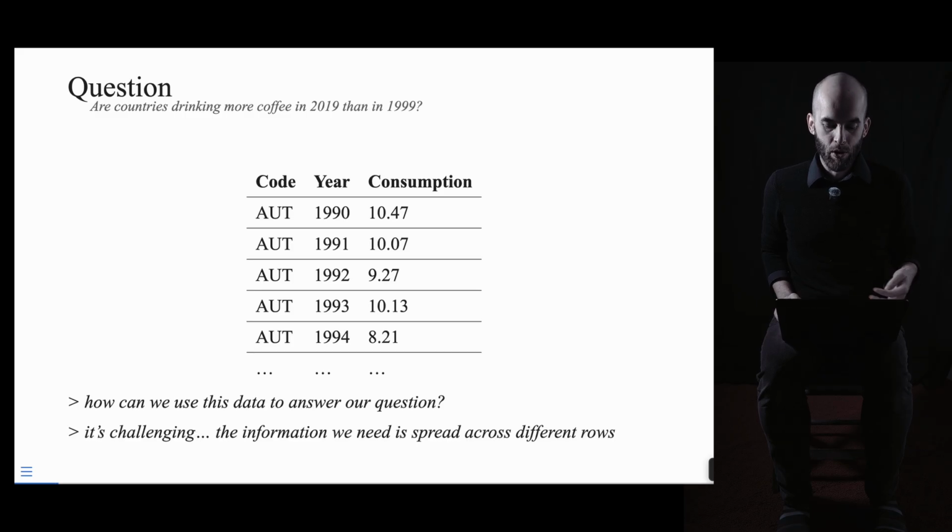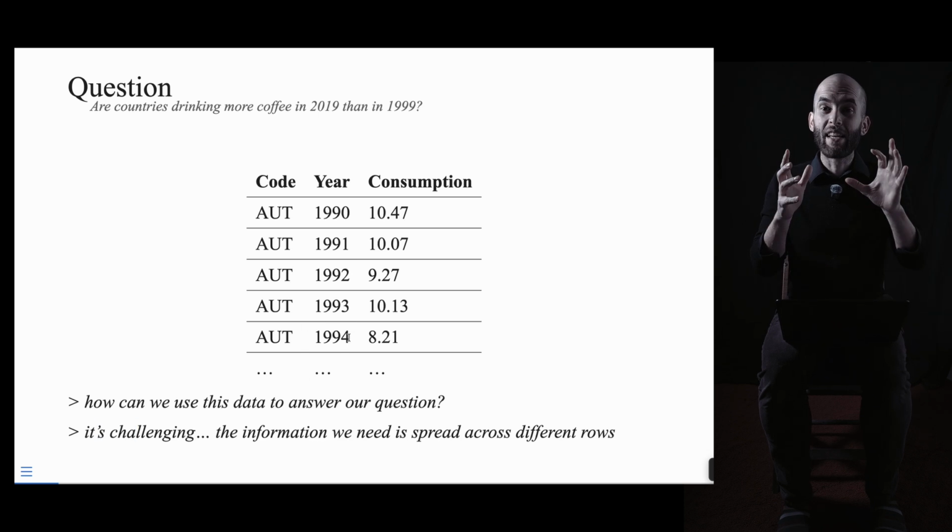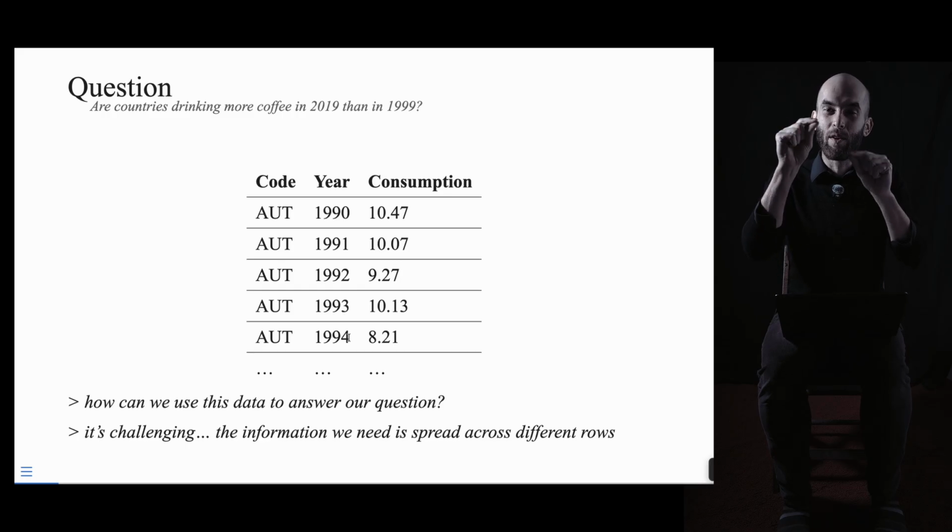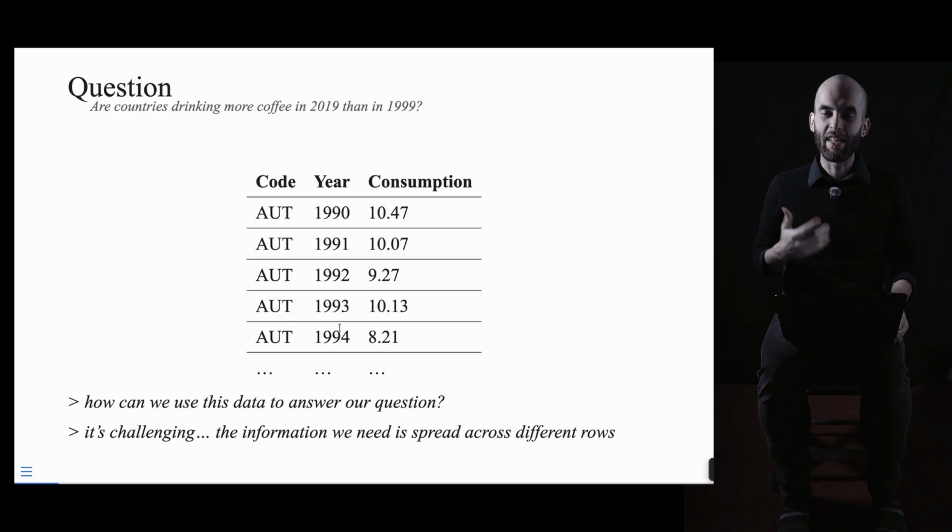So maybe a first approach is to think about what we would have to do to answer whether Austria is drinking more coffee today. And part of the challenge here, the reason this is particularly challenging, is we have to make row by row comparisons. I have to compare the 1999 row to the 2019 row. And then I have to do this for every country. But we can do it. The fundamental challenge is that the data is spread out over multiple rows.